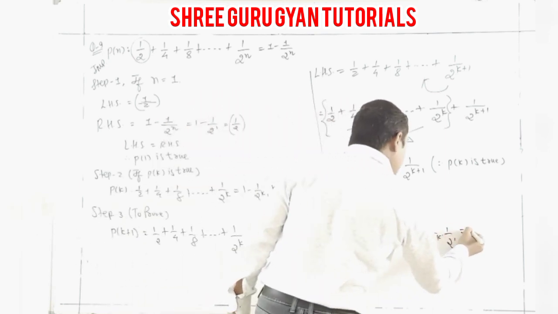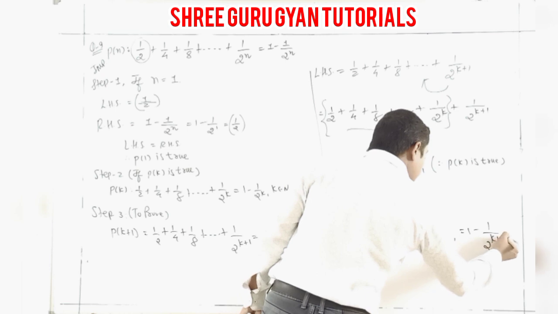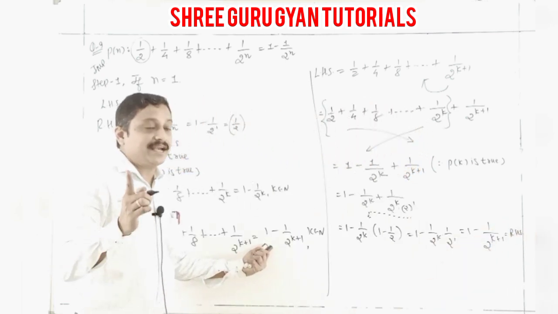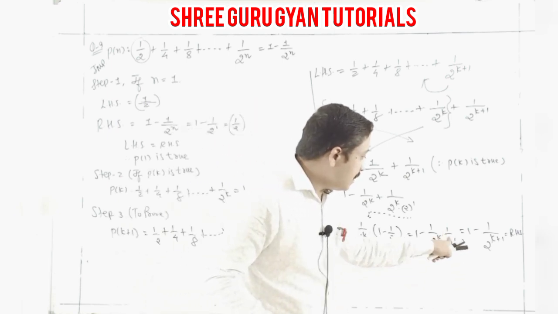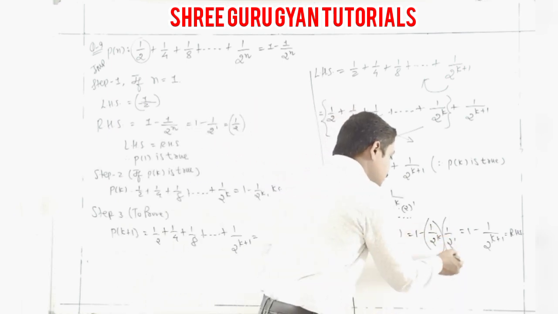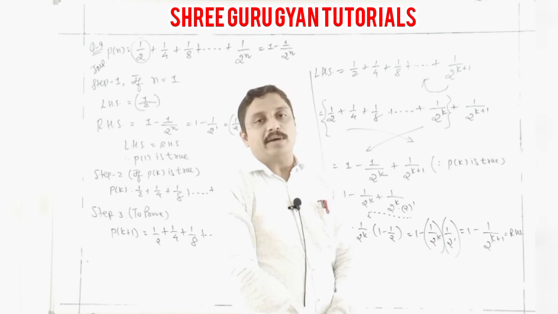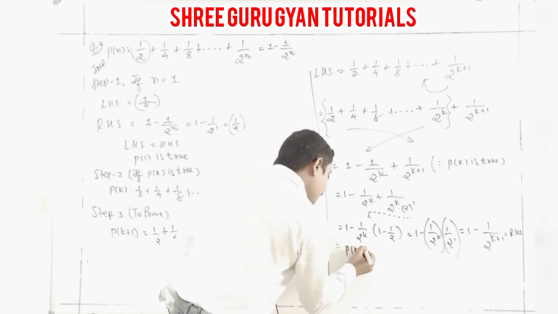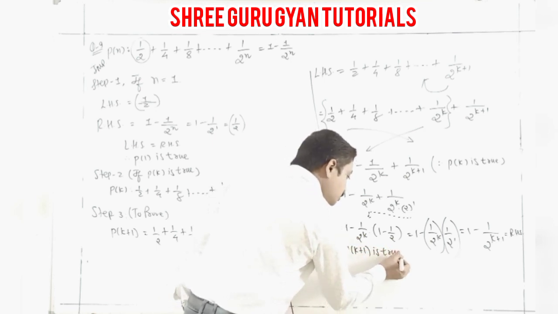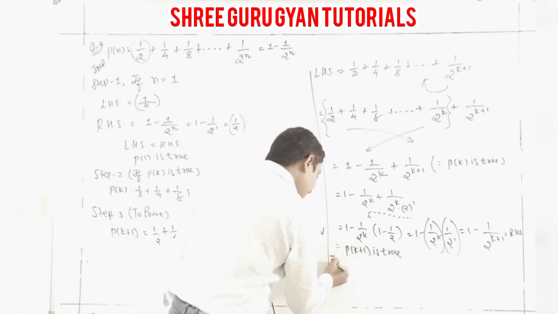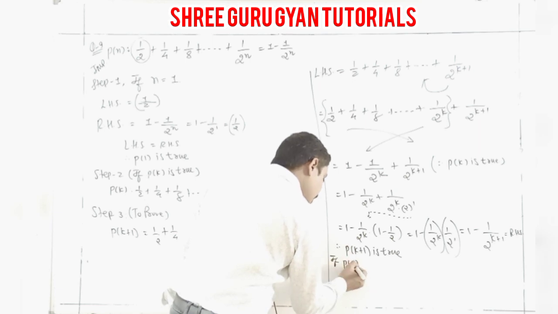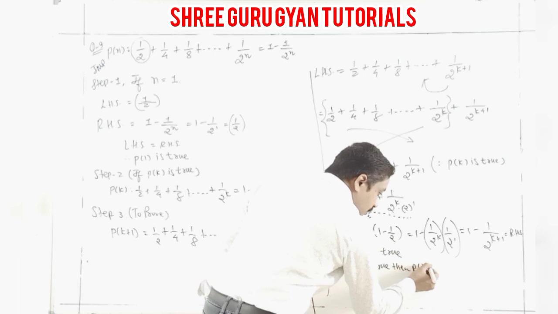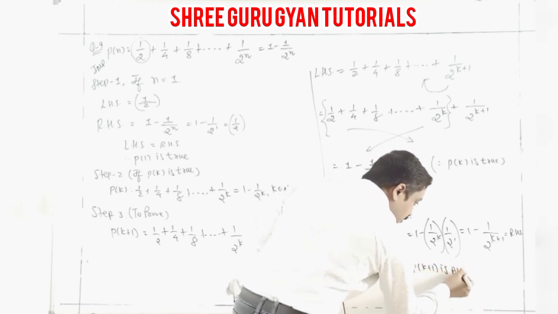Now again base same, power addition. So we write down here 2 raised to k plus 1. That's my RHS. Check. Why write k plus 1? Base same, power addition in these both terms, 1 by 2 and 1 by 2 raised to k. So I just write down, therefore P of k plus 1 is true. So if Pk is true, then P of k plus 1 is also true.